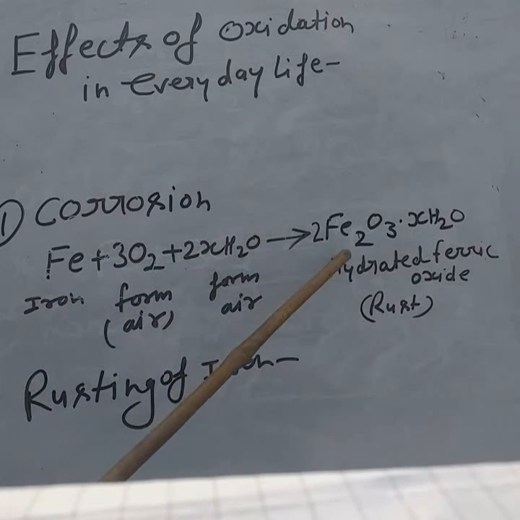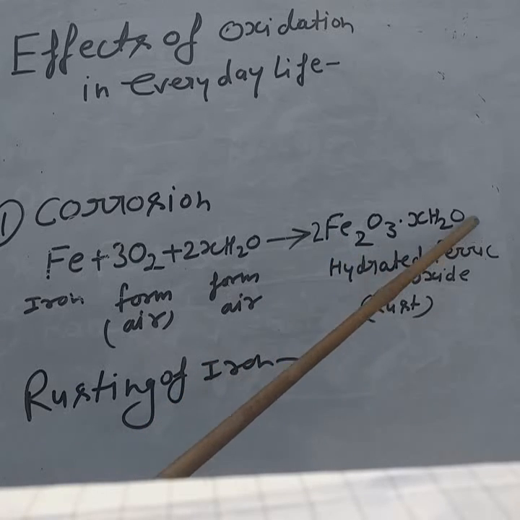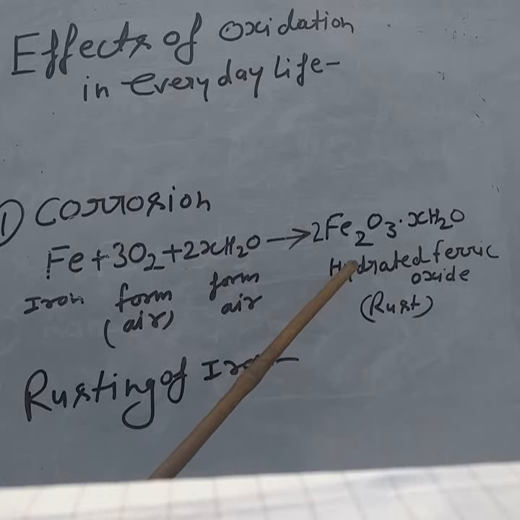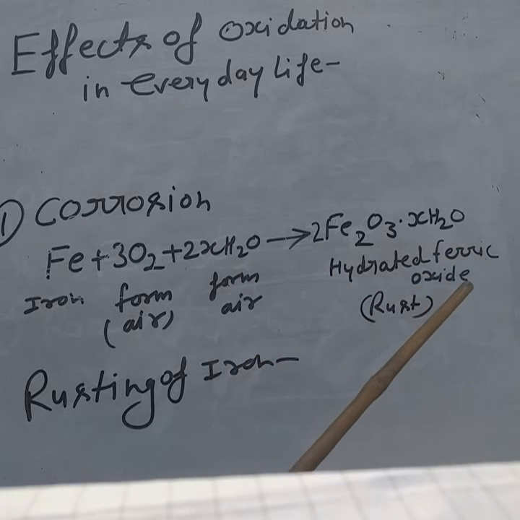Then the iron is coated, and it obtains a hydrated ferric oxide coat. This is called rust. Rusting is the degenerating process of iron.